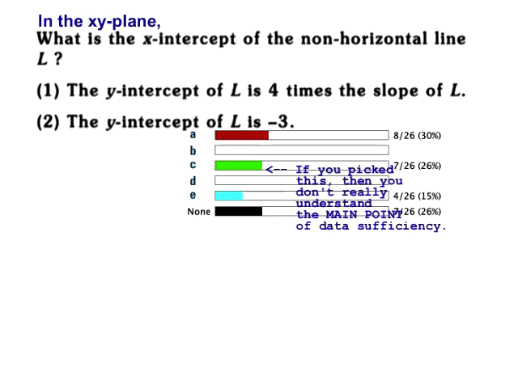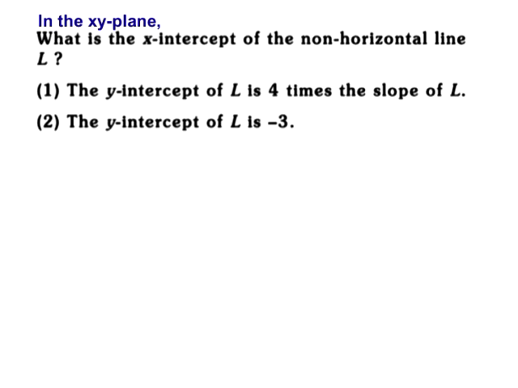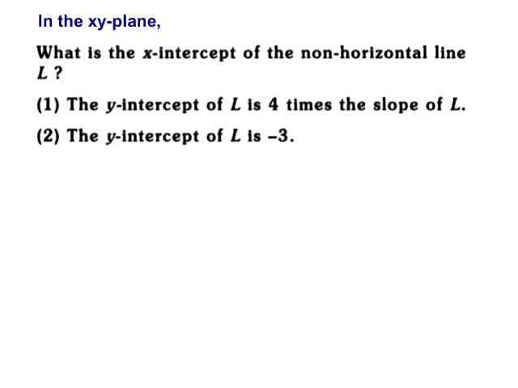The point is you have to know exactly what the goal of the problem is. The goal of this problem is to find the x-intercept of the line. As soon as you have a decent amount of experience with data sufficiency, the instant you see this, you should think, I need to find the x-intercept, and I am almost certainly not going to find the line.